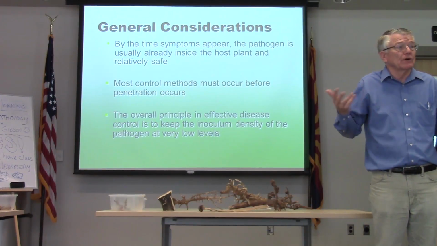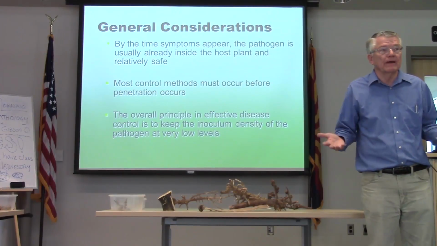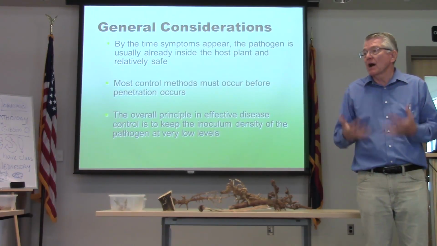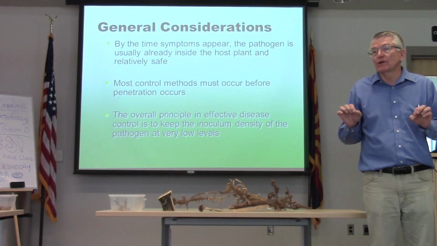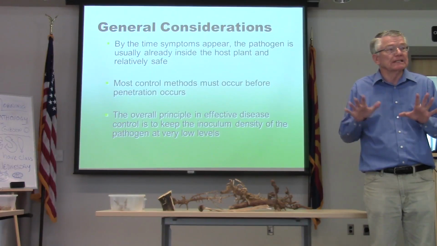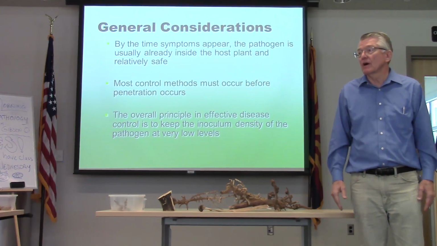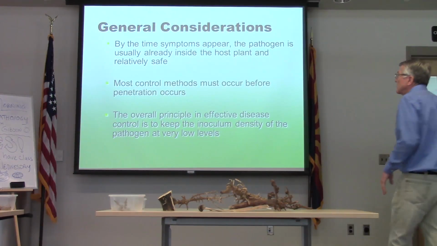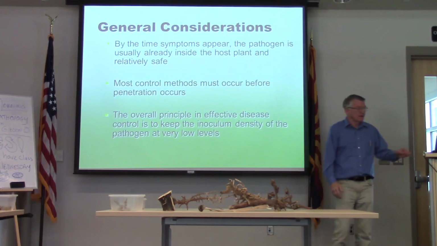Even the most virulent of the diseases that affect humans don't work that way. If we can keep the inoculum, the number of virus or bacteria or fungus fruiting structures, low, then we have usually accomplished our design to protect the plant. These are general considerations that we must always keep in the back of our mind.